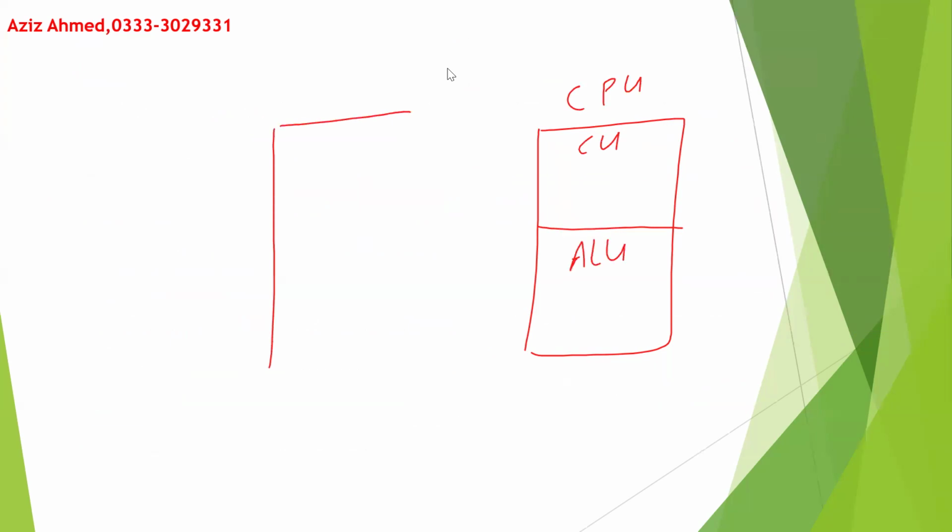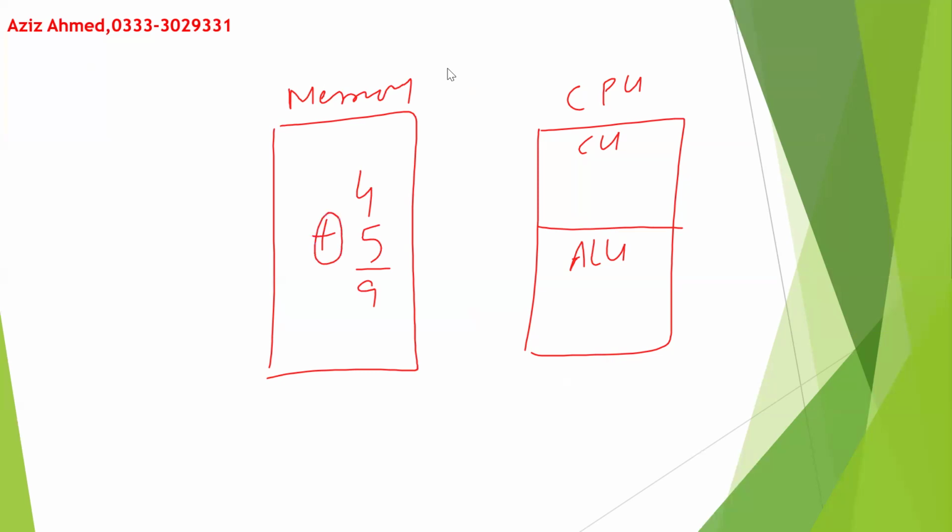This is connected with memory. Like 4 plus 5, I have to get 9. But this addition will be performed by the CPU. This instruction is gotten by the CU from memory. This stage is called fetch.